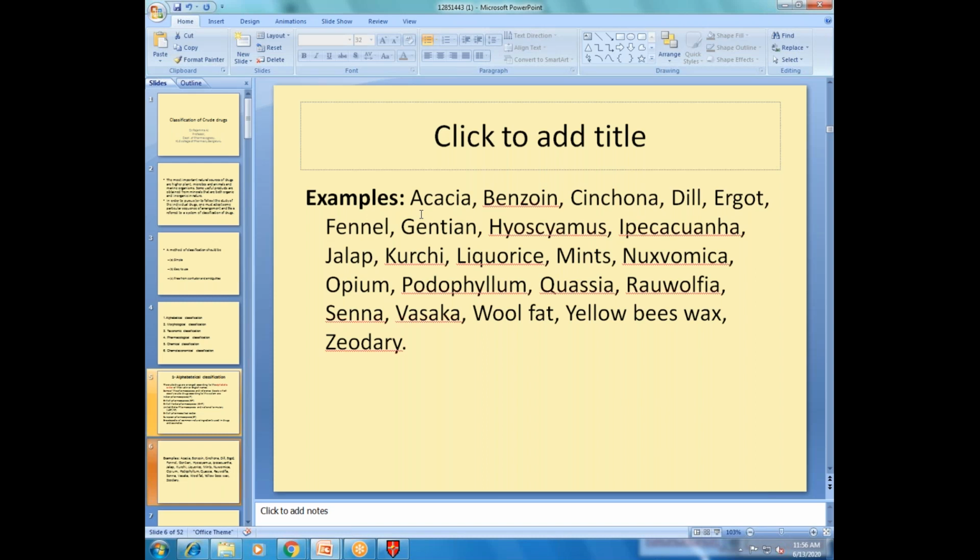Even turmeric for T, and ginger for G, not only gentian. Whichever you remember, you can always write, but it is according to the alphabetical order A, B, C, D, E.